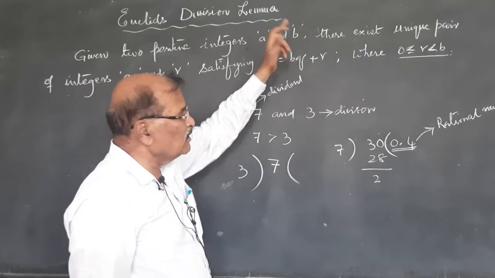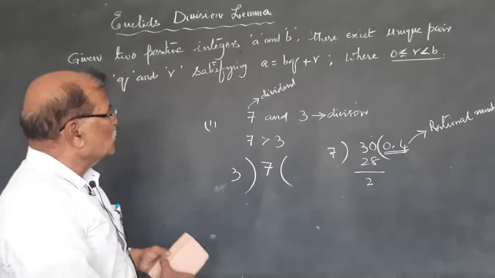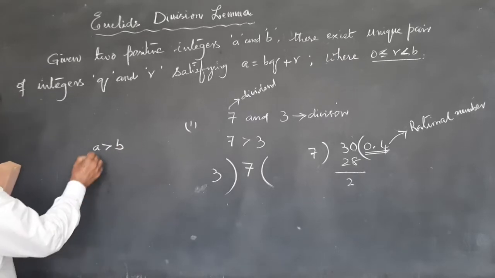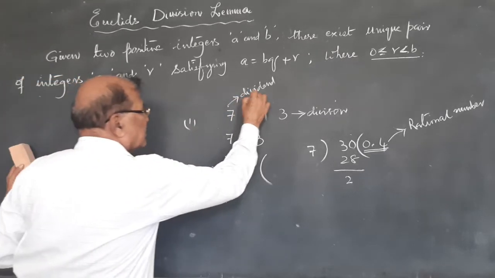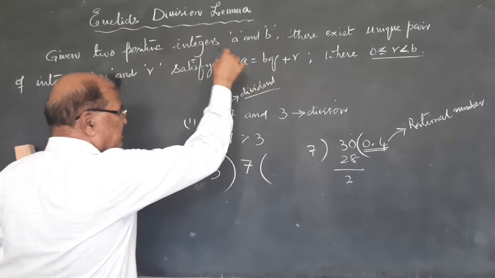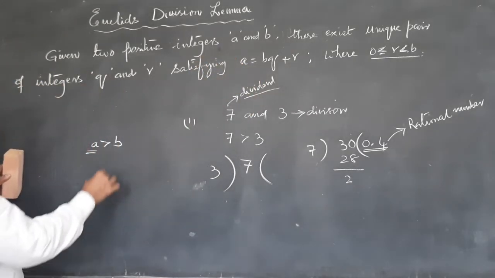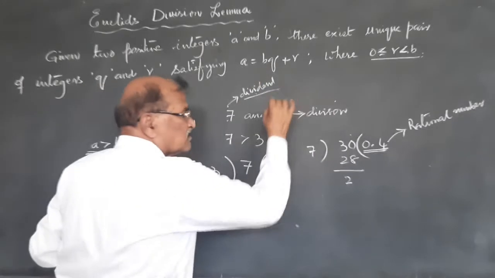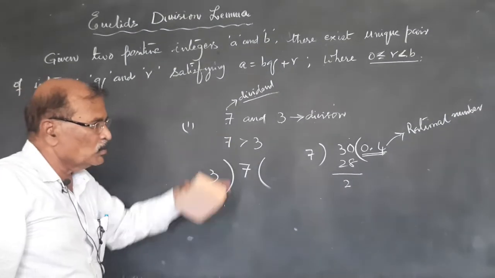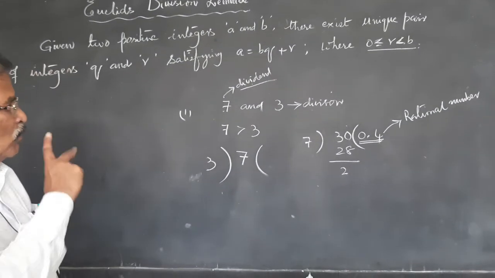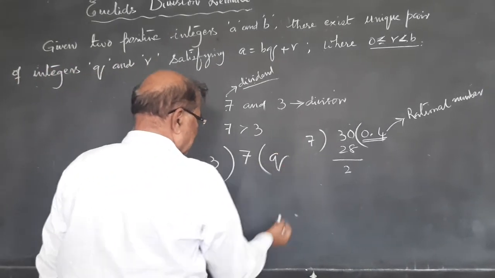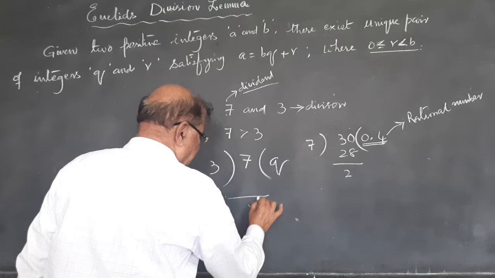We call them A and B. Here A is greater than B. Then A becomes the dividend. 7 is greater than 3, so 7 has become the dividend and B has become the divisor. When you divide these two, we expect two more things: one is the quotient, another one is the remainder.